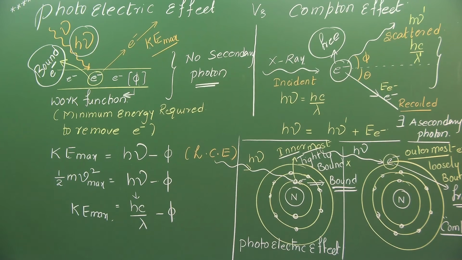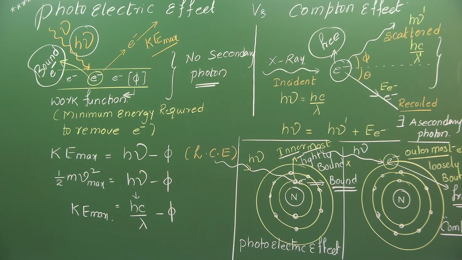So what factors decide whether it should be the photoelectric effect or Compton? The metal won't decide; it is whatever energy you are sending. For visible light you will get the photoelectric effect, like in solar panels. But the Compton effect is prominent only for X-rays.